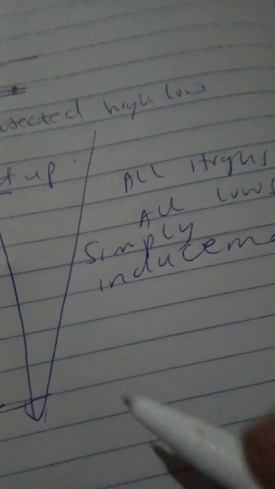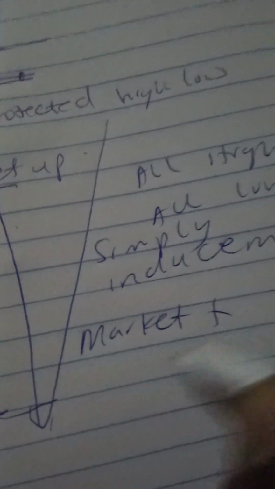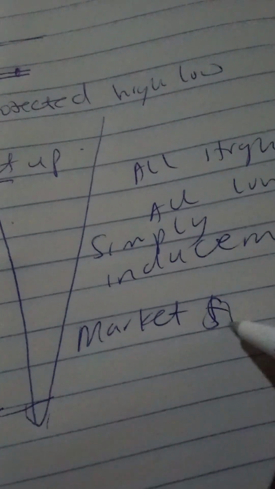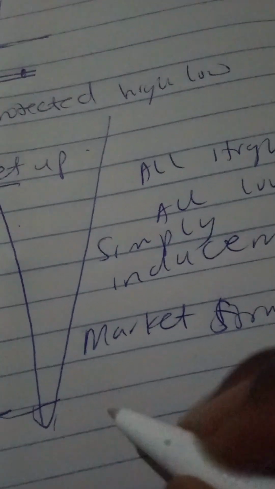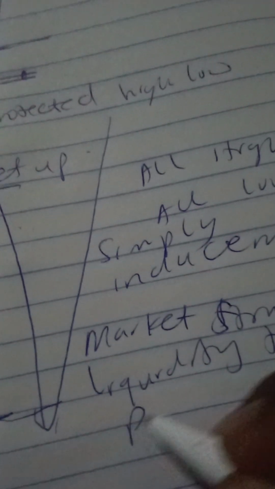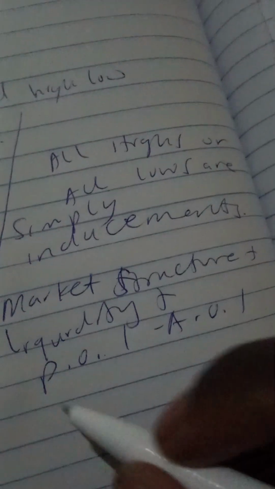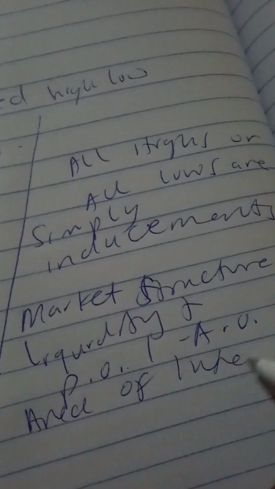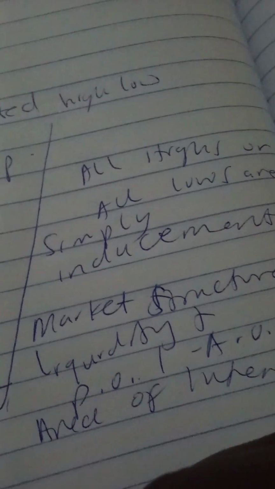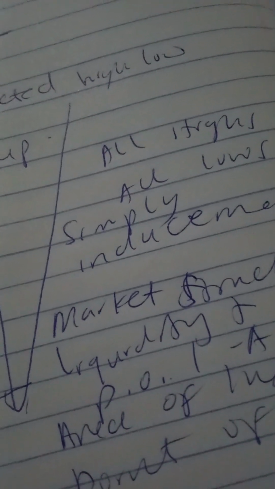And we're using, as I call it, market structure plus money liquidity, right? Plus POI or AOI, simply area of interest or point of interest, right?